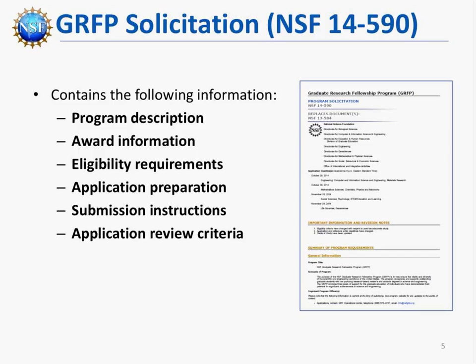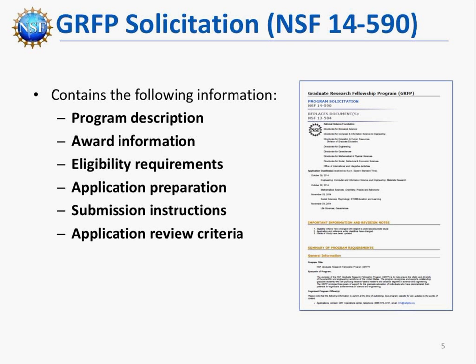That would be NSF 15-597. You find this solicitation online if you type in nsf.gov/GRFP, and you would receive immediately the solicitation for the upcoming competition. So the solicitation includes program information, eligibility requirements, and so on, everything that is on that slide.